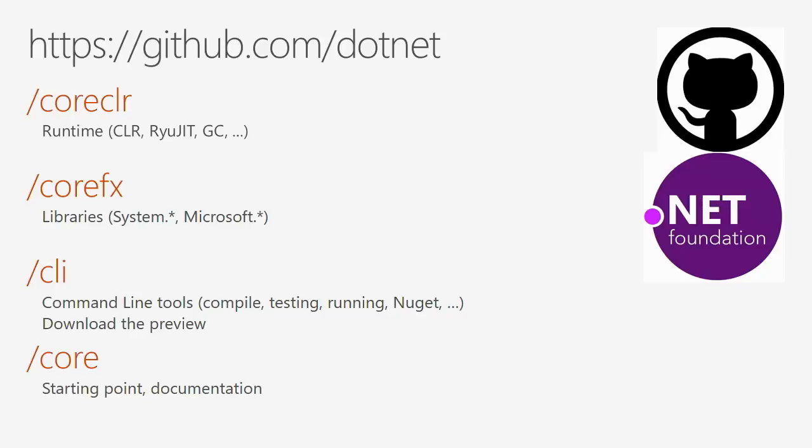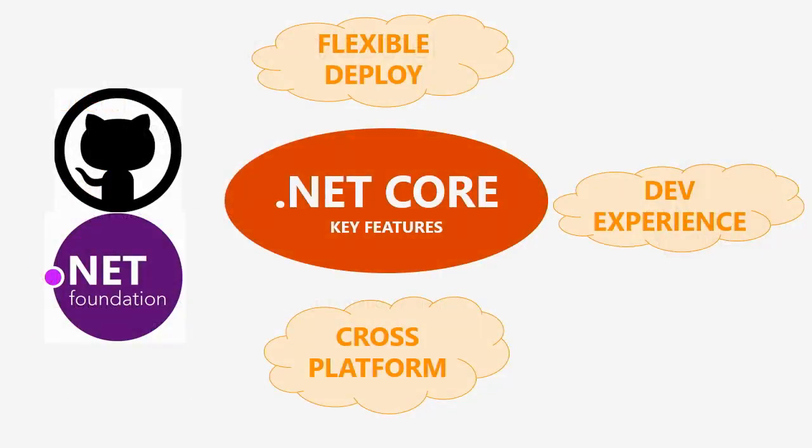So these are the three main parts. The last one, /core, if you've never had anything to do with .NET Core, that's probably where you should start, because it's basically a collection of documentation, links, things you should start from. It has links to all these three repositories, plus other ones, plus a link to the ASP.NET Core repository. So to recap, .NET Core is fully open source, and the code can be found on GitHub.